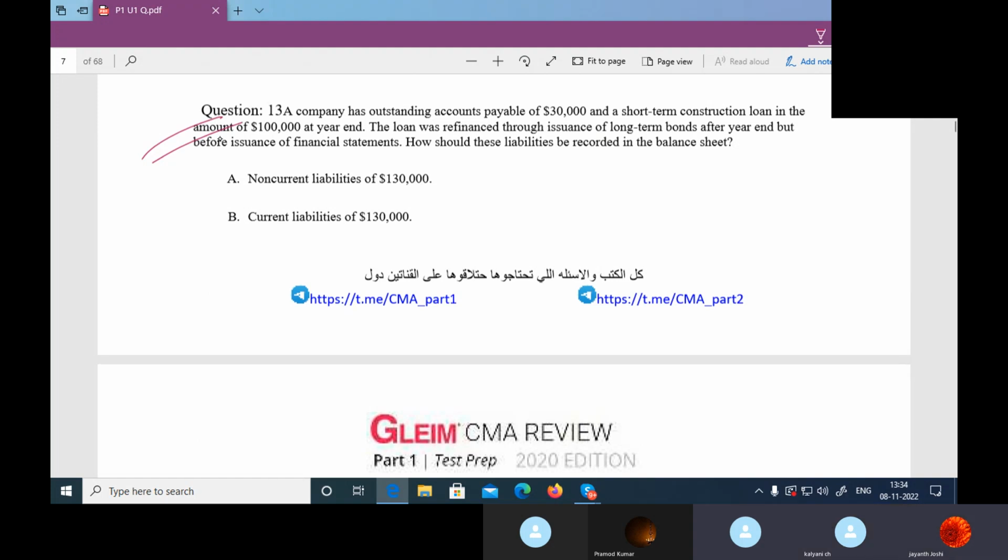What is option C and D? Sorry, option C. You can't see C and D, only A and B. Just a second.